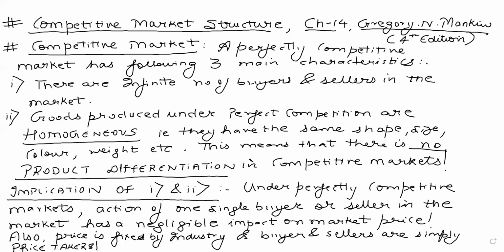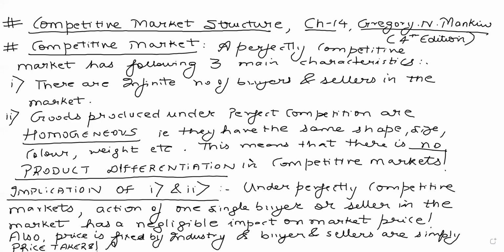Under perfect competition, price is not fixed by buyers or sellers; buyers and sellers will take the price as given. Because there are so many buyers and sellers that one particular buyer or seller cannot dictate the price in the industry.